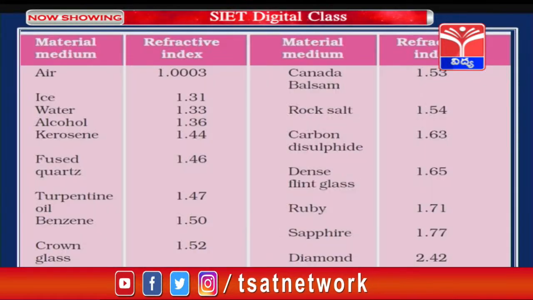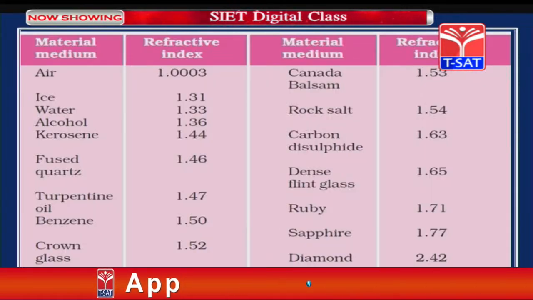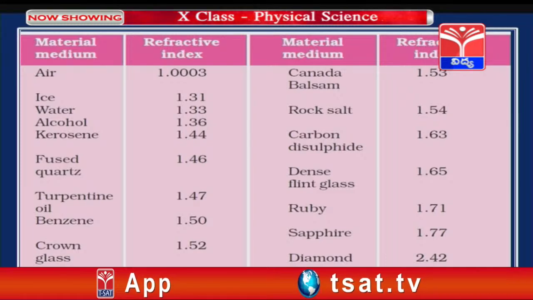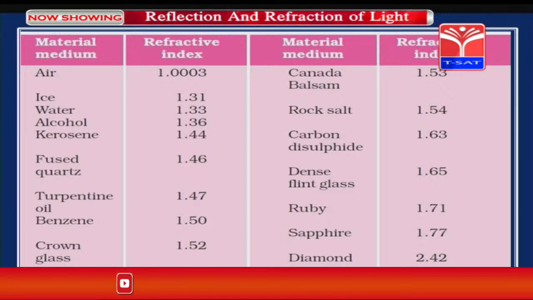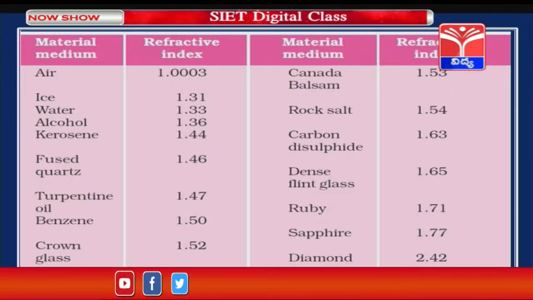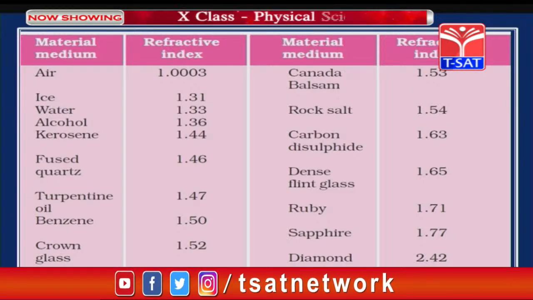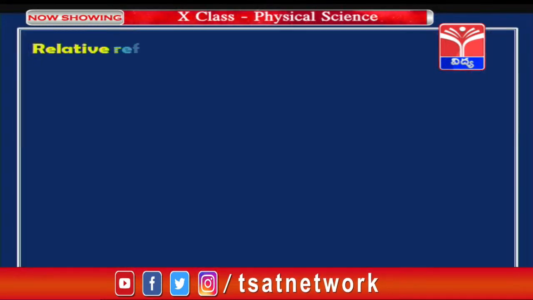Here we can see the refractive index values of different media. Among them, air has a low refractive index, and diamond has a high refractive index.